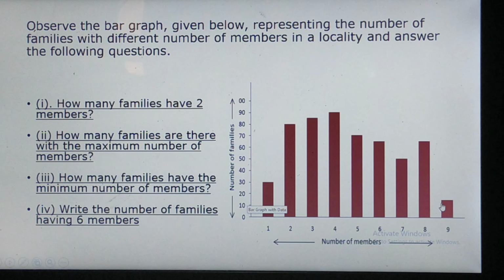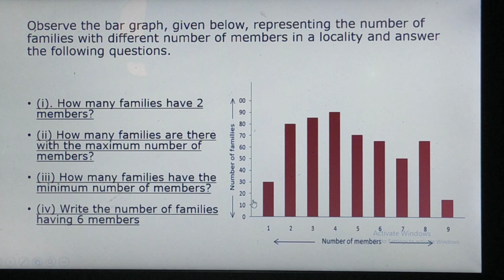Use your ruler, just keep your ruler over here and choose the value, and you will not make any mistake if you are using your ruler to get the value corresponding to this bar. Okay, so the bar is showing between 10 and 20, which means it will be 15. So you will get your answer as 15.